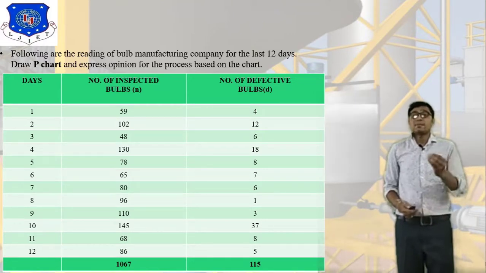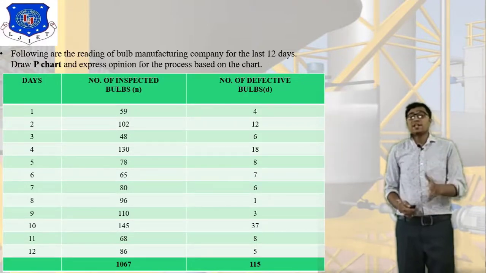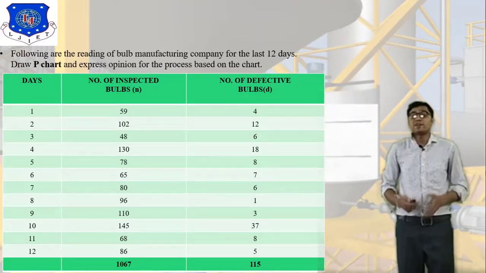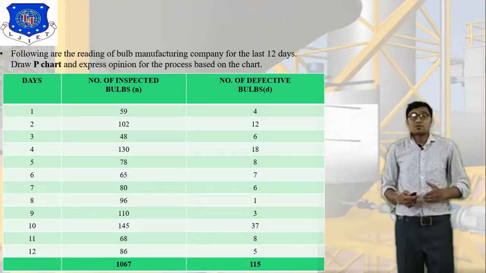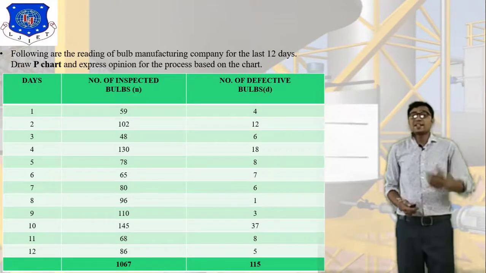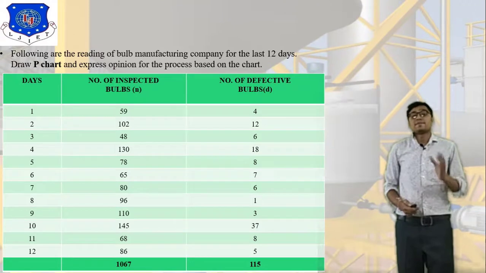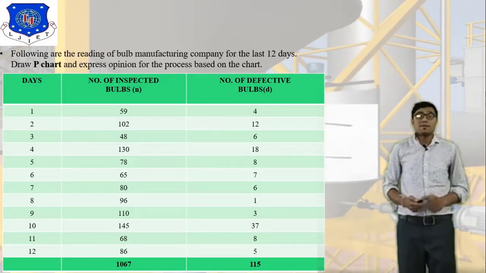Same as on day number 3 there are 48 inspected bulbs, and out of 48 there are 6 defective bulbs. And on day number 12 there are 86 inspected bulbs, and out of 86 there are 5 defective bulbs.